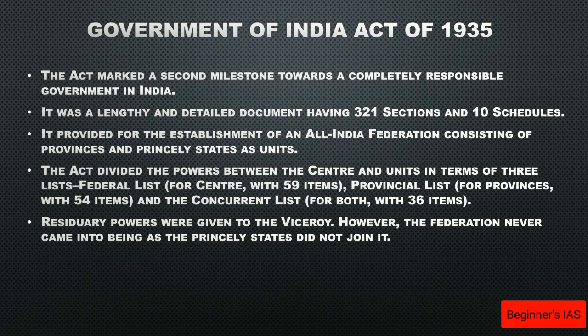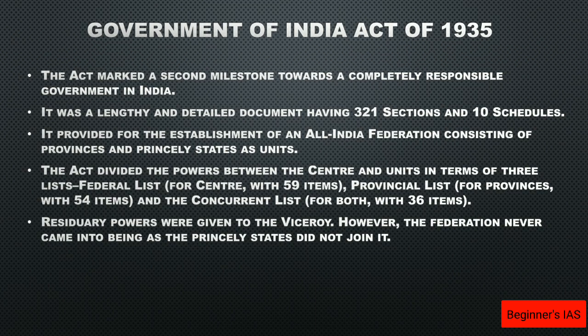Here in 1935, the adoption of diarchy at the center. So according to that, the federal subjects were divided into reserved subjects and transferred subjects. However, this provision of the act did not come into operation at all.